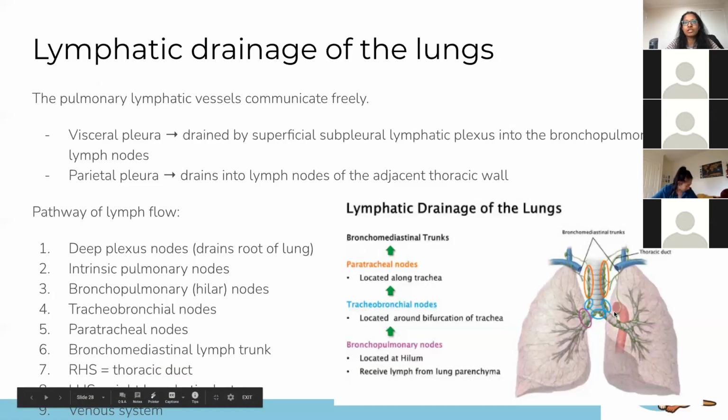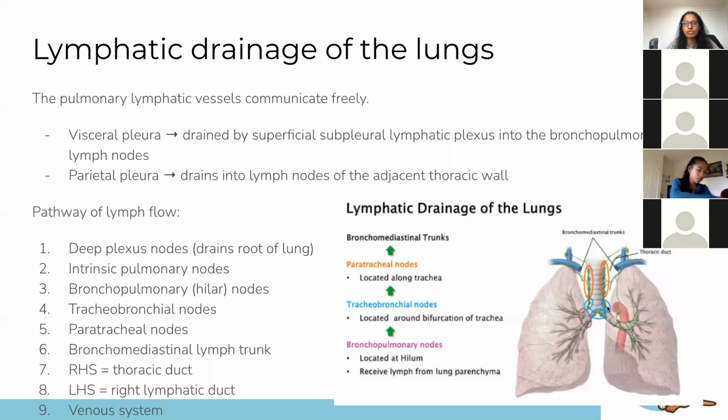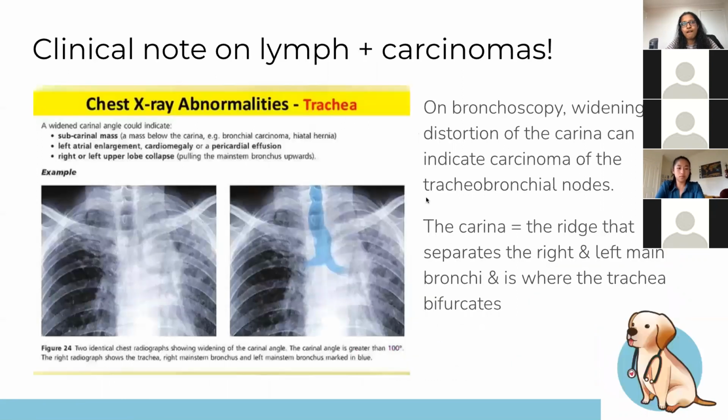As you can see on this slide, your tracheobronchial lymph nodes are located around your carina, around that bifurcation of the trachea. So if you get swelling, a lot of mitosis and proliferation of lymph cells inside these tracheobronchial lymph nodes, you can imagine that the carina is going to be widened, or spread out a lot more.